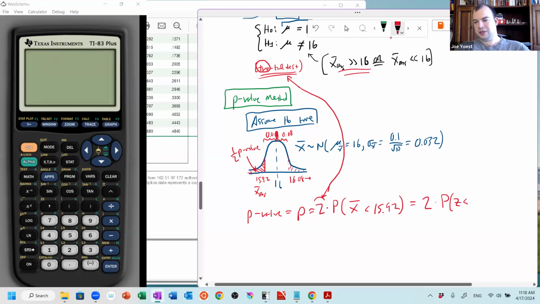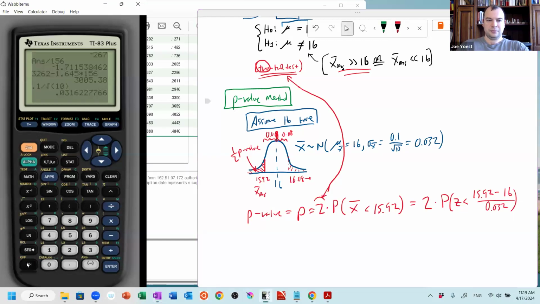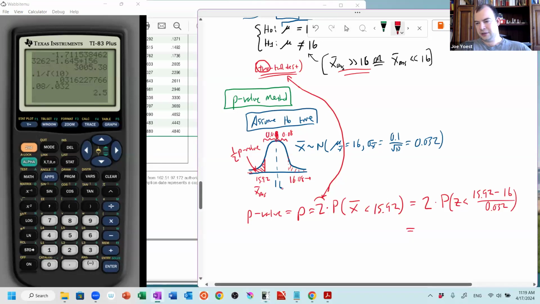So this is probability z less than 15.92 minus the mean of 16 over the standard deviation 0.032. Or this is what? Negative 0.08 over 0.032. That's negative 2.5. So that's twice the probability z less than negative 2.5.